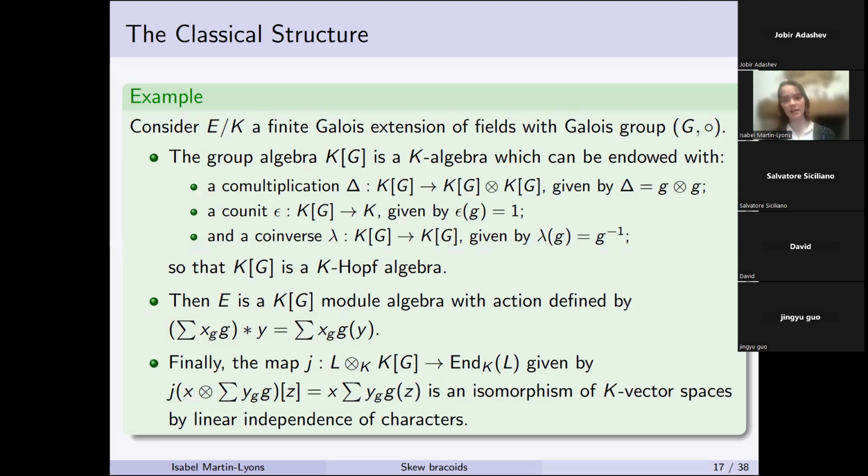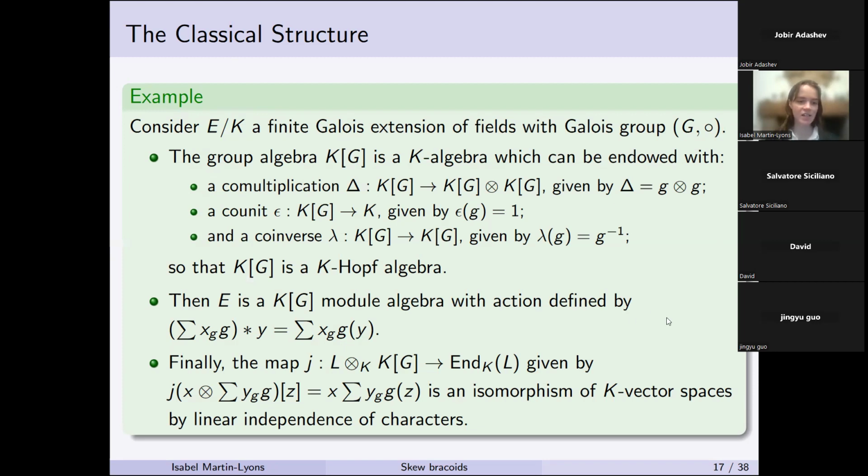This is, of course, a K-algebra, and it can be endowed with co-multiplication, co-unit, and co-inverse in a fairly intuitive way. For example, the co-unit is induced by taking any element of the Galois group and sending it to 1 in K.